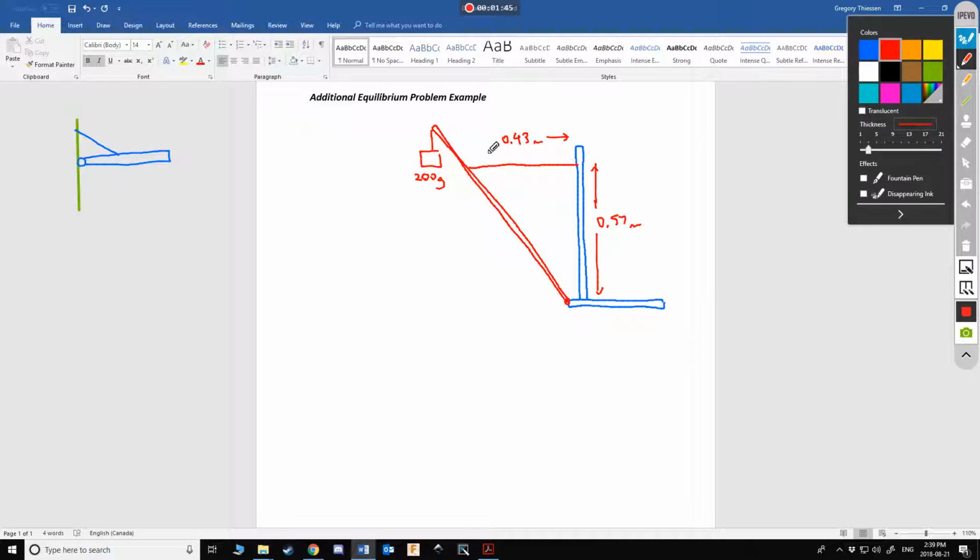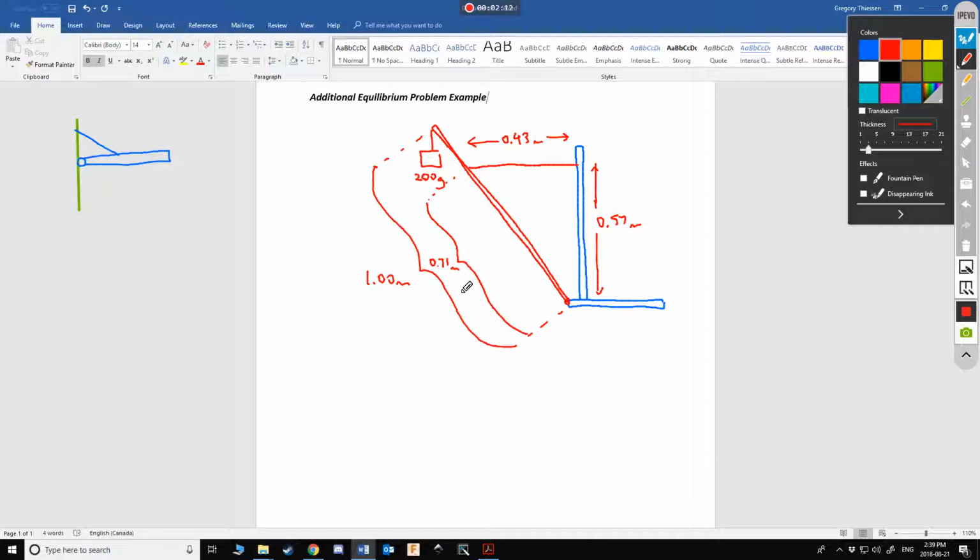So 0.43 from here to here. And if we think of this as a meter stick, so from all the way from one end to the other end is 1.00 meters. And lastly, the distance from here, we can say is 0.71 meters.